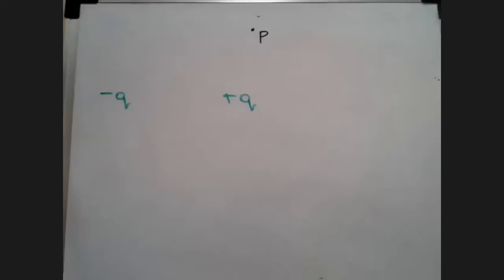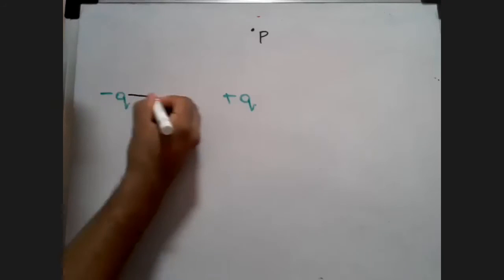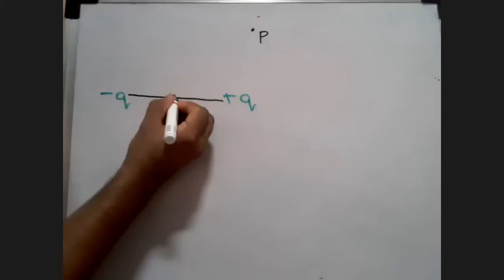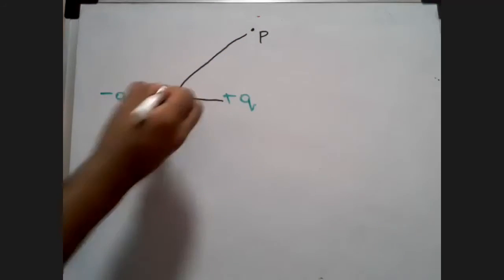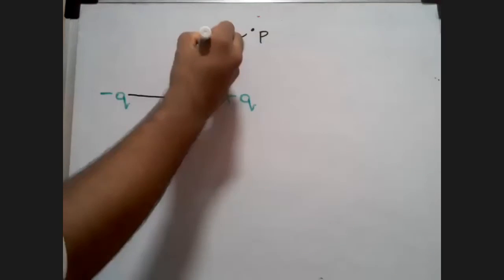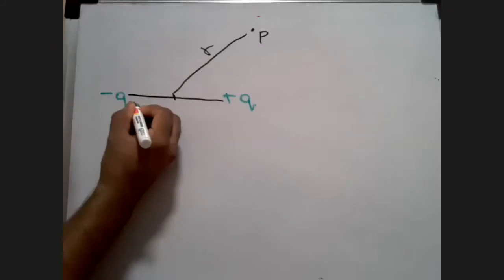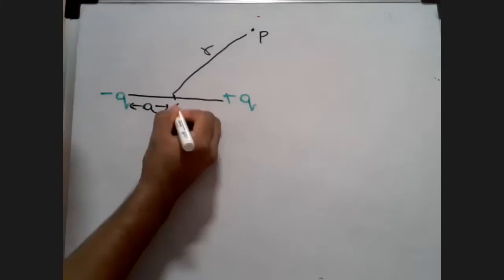Let's consider this. I'll just draw the entire diagram. There's going to be a line in the middle which is R, and this will be a, and this is also a.